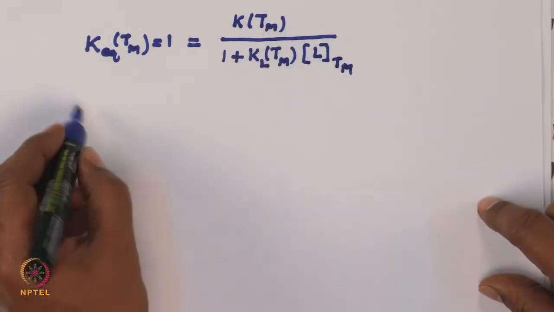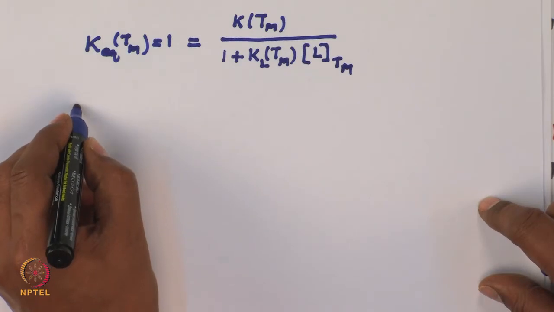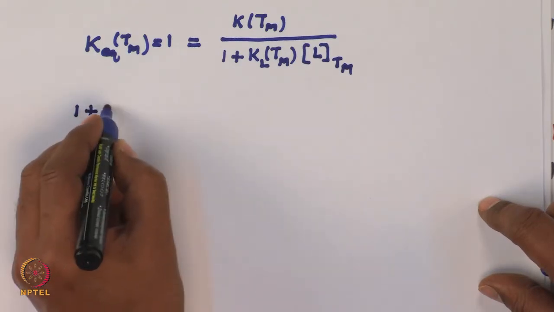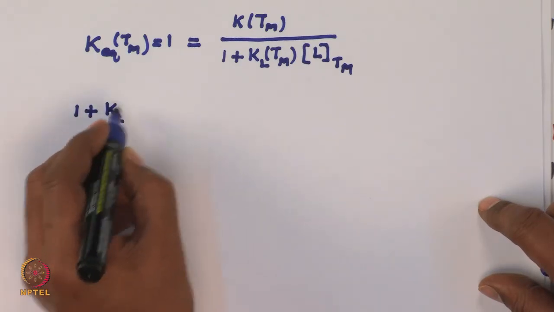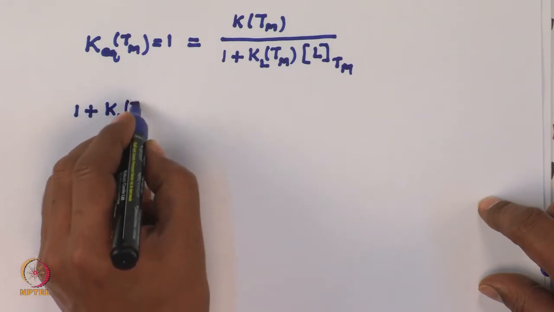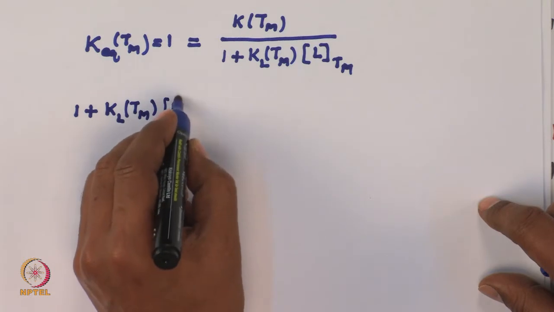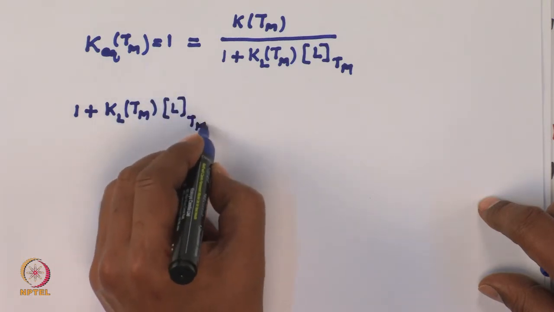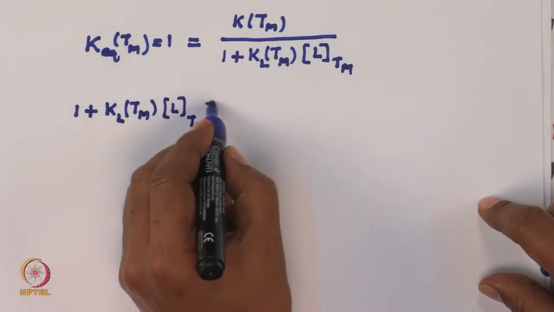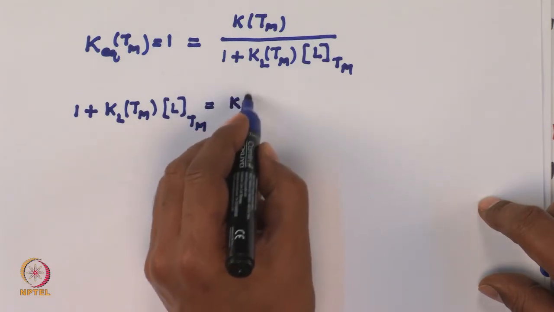So, from this I can write this equality, 1 plus Kl at Tm into concentration of L at Tm is equal to K at Tm.